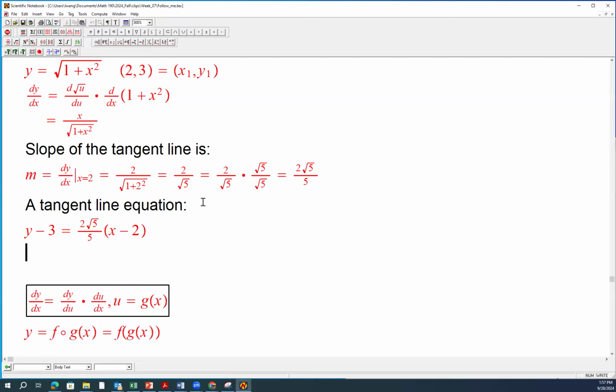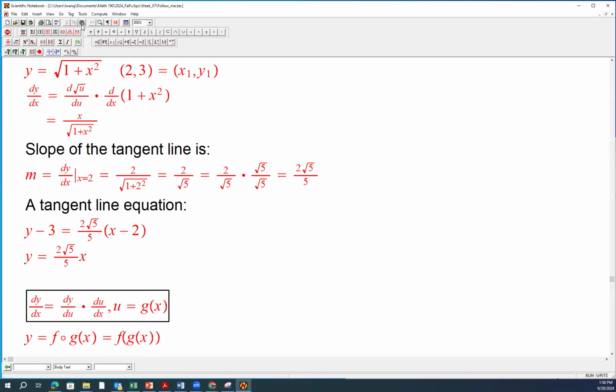Organize the terms and you get y equals the slope times x, subtracting 2 times that, which makes it 4, and adding 3 on both sides. And that is the end.